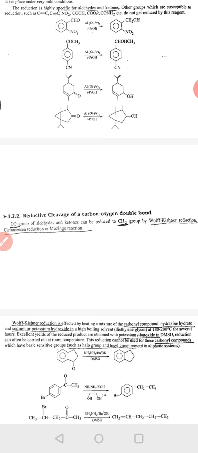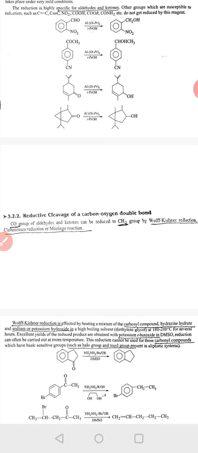In Wolff-Kishner reduction, we heat the mixture of carbonyl compound, hydrazine hydrate and sodium or potassium hydroxide in a high boiling solvent such as diethylene glycol at 180 to 200 degrees centigrade for several hours. Then the C=O group converts to CH2.